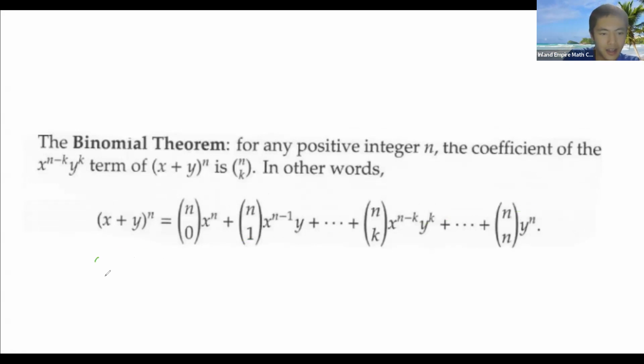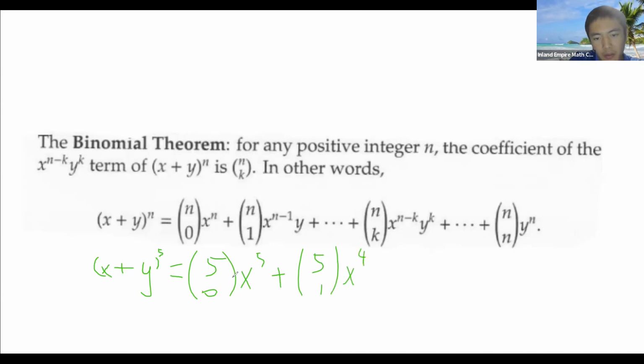So if you were evaluating x plus y to the fifth power, then you would simply get 5 choose 0 times x to the fifth plus 5 choose 1 times x to the fourth y plus all the way to 5 choose 5 times y to the fifth.